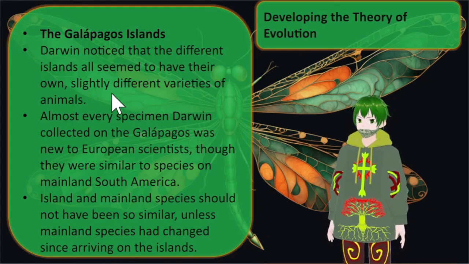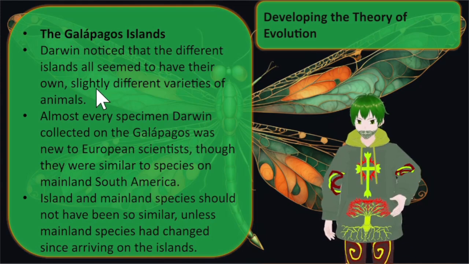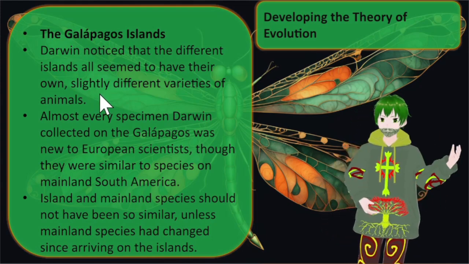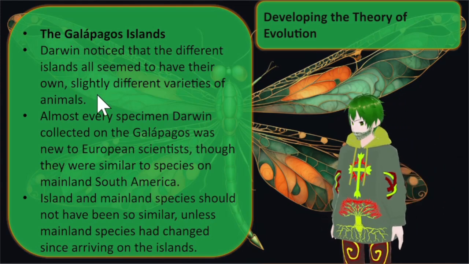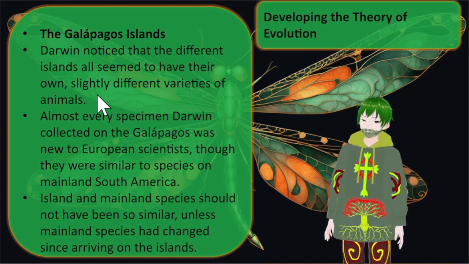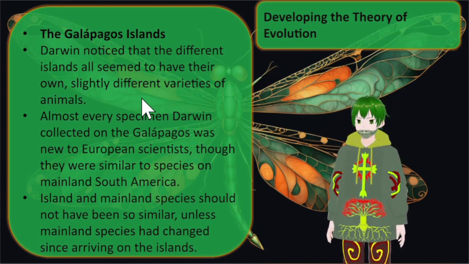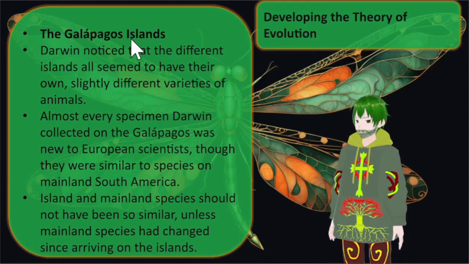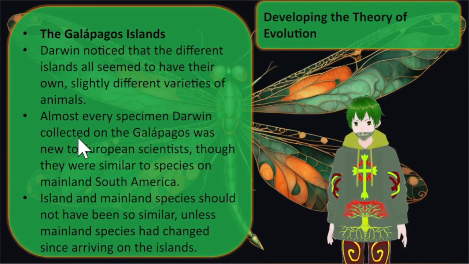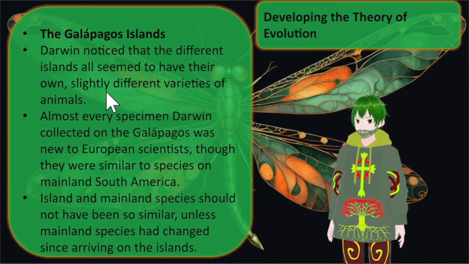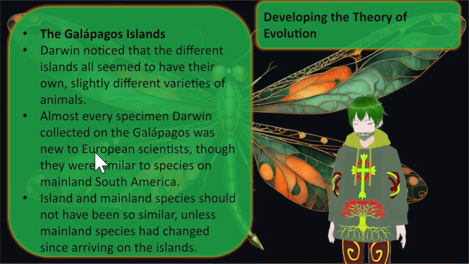Each island had a slightly different environment, and each island had a slightly different land tortoise, and each island had, again, a slightly different environment, and it had slightly different finches. And he noticed that the further he got out from the land on this archipelago, which is a series of islands that stretches out into the ocean, the organisms became more and more different from the ones that were found on the mainland.